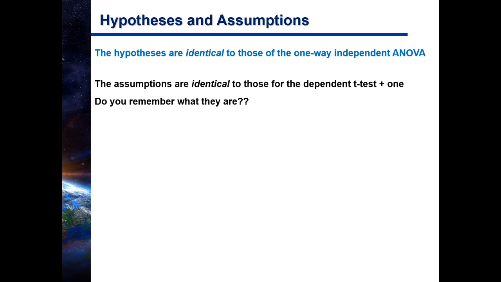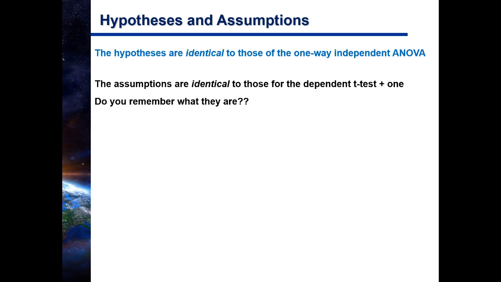All right, what about the assumptions now? They are identical to those for a dependent t-test, but there's an additional one. Now before we talk about the specific assumptions, it should make sense to you that the assumptions for the one-way repeated ANOVA are the same as for a dependent t-test.